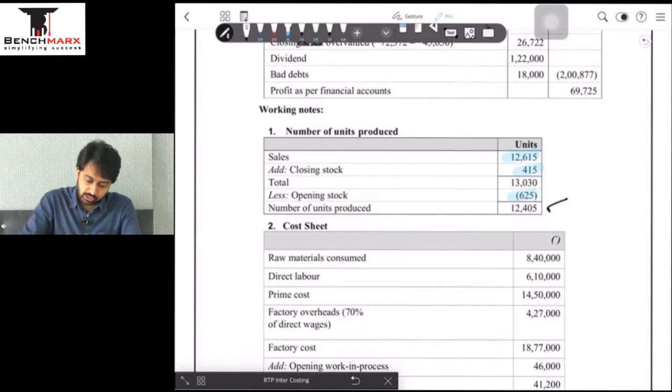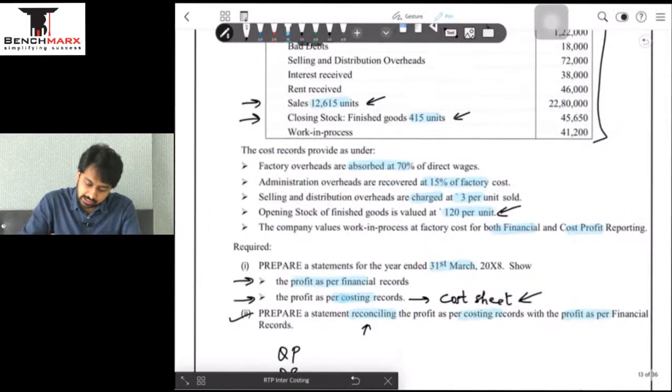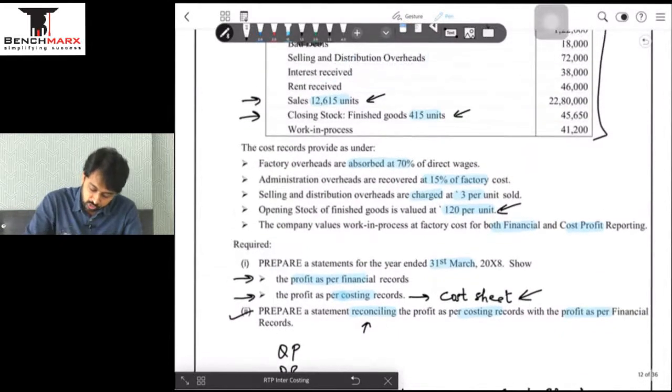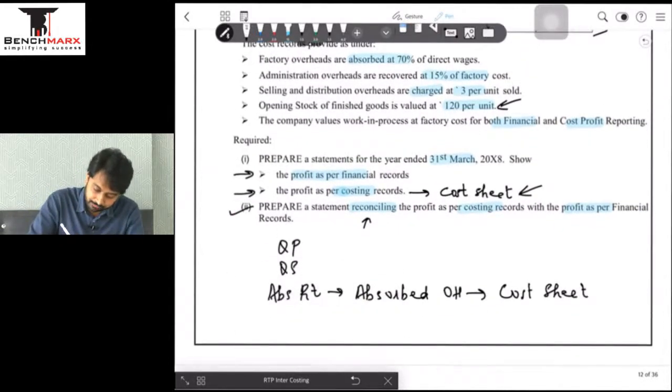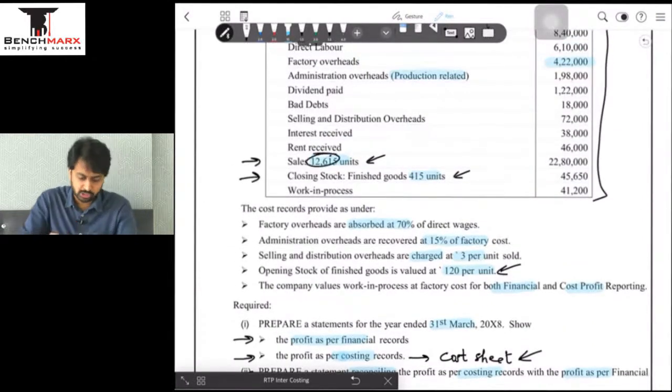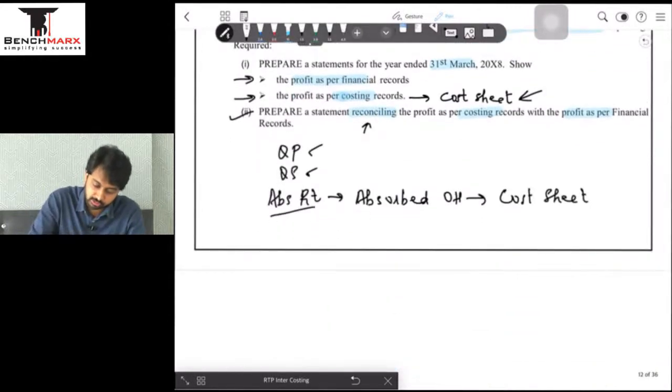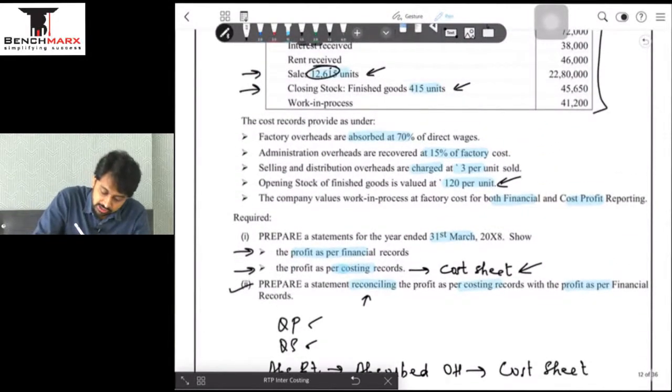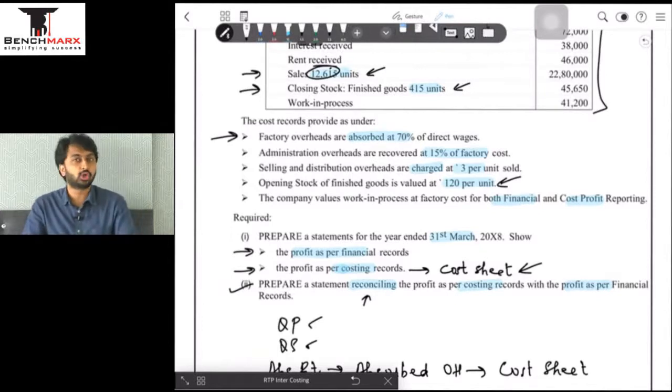Okay. Now let us go towards the data. So quantity produced is known. ठीक है, so एक अपना काम हो गया. Is quantity sold known? Yes, because quantity sold is अपना ये वाला 12,615, ये वाला figure is also known, so QS is known. Absorption rate, is absorption rate known? Yes, because this is my absorption rate, that is 70% of wages.